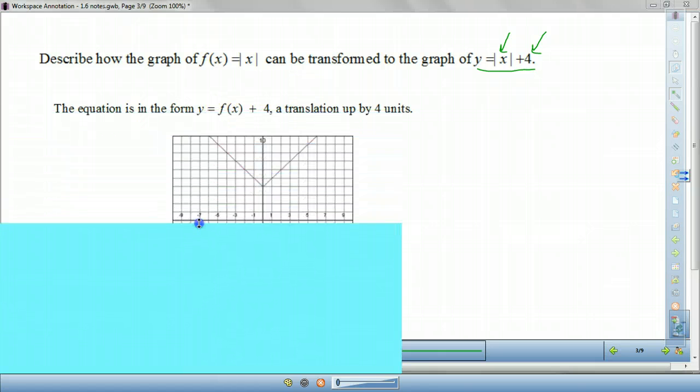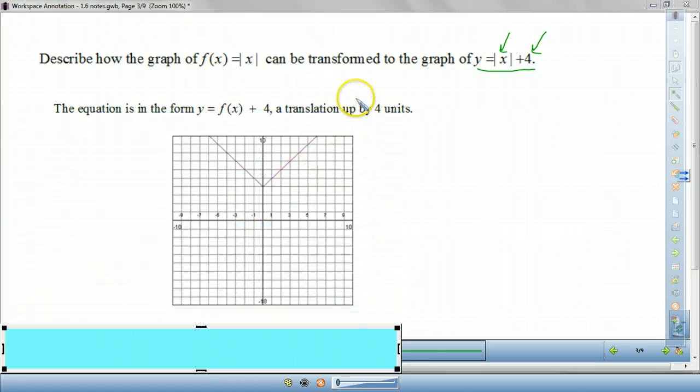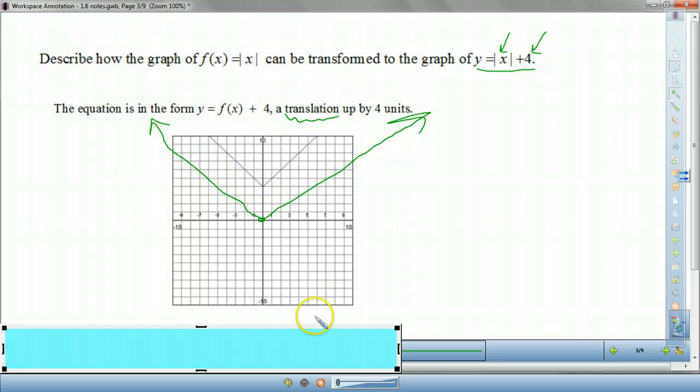It's a translation up. Okay? Translation up for movement. So our original graph would look something like this. But now we're just going to move it 4 units up. So we take this one point, we go 1, 2, 3, 4, and that's going to be our new graph.